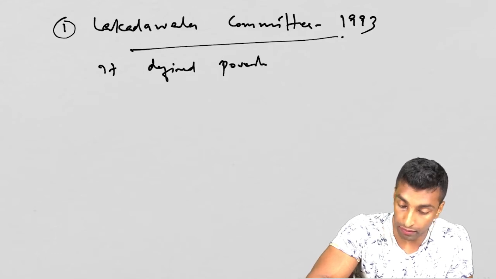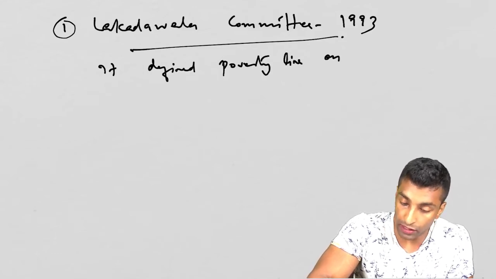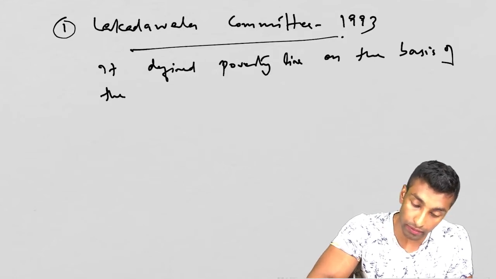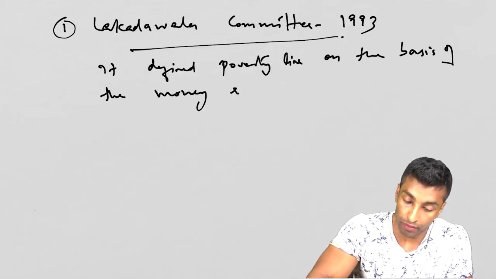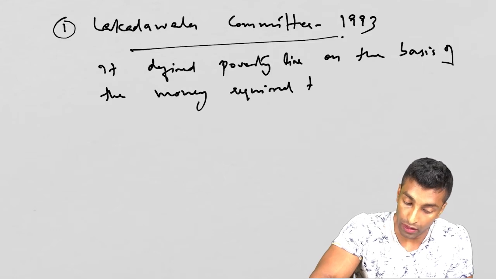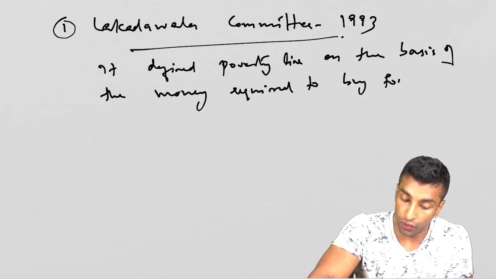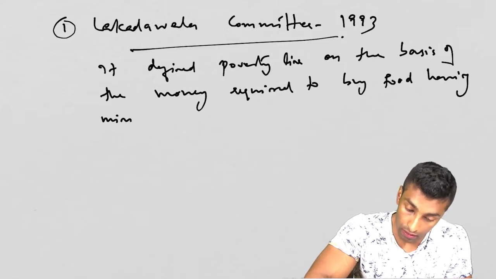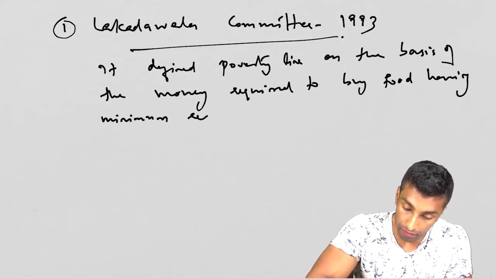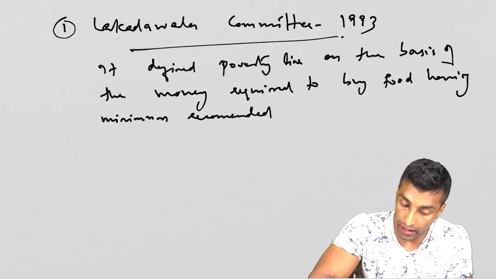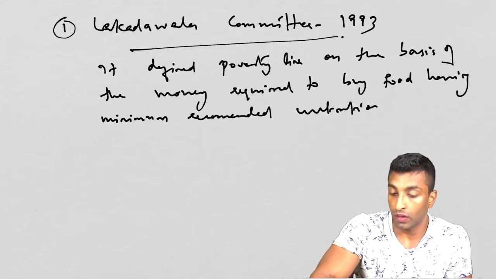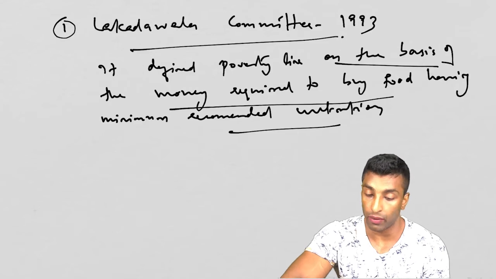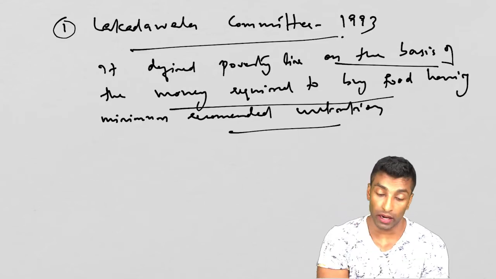Okay, so it defined the poverty line on the basis of the money required to buy food having minimum recommended nutrition.